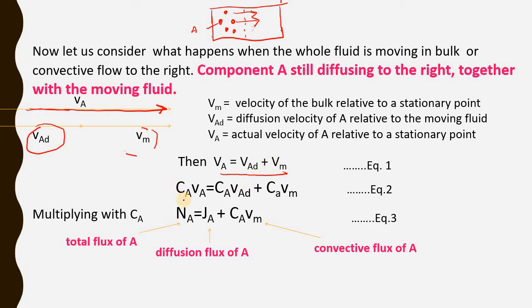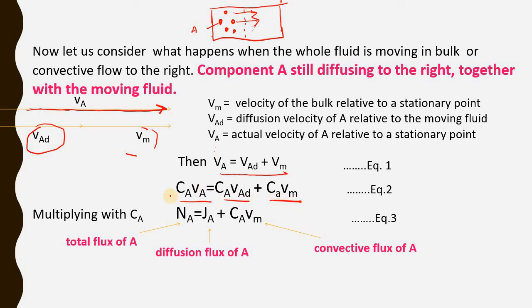We expand the equation by multiplying each term with CA, so it becomes CA VA equals CA VAD plus CA VM.